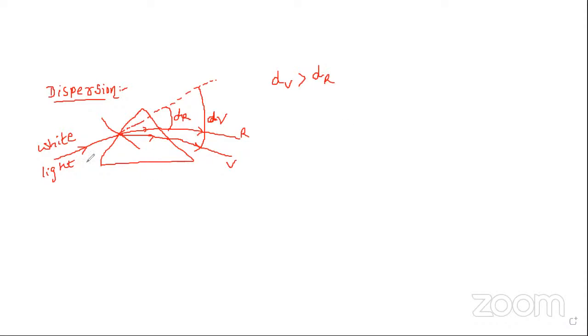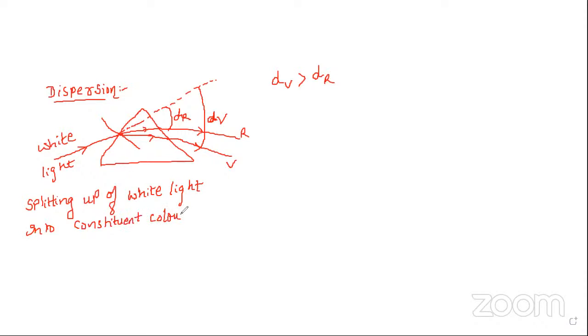So the splitting up of this white light into constituent colors is what we call dispersion. So dispersion is nothing but the splitting up of white light into constituent colors.